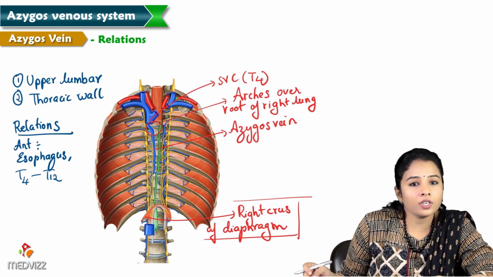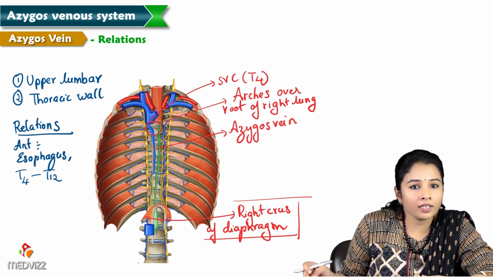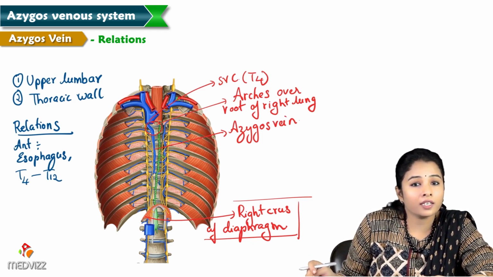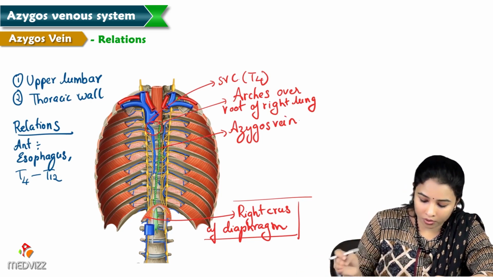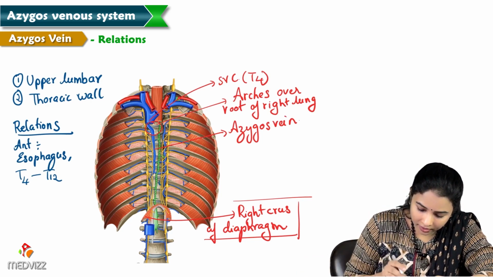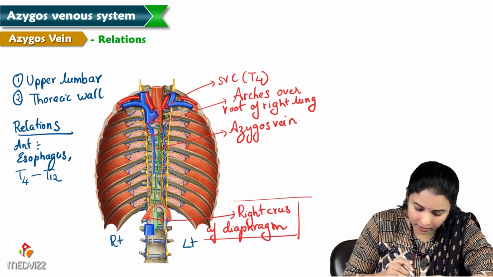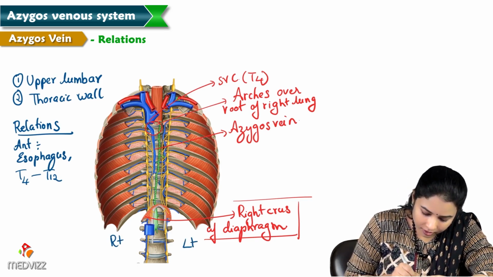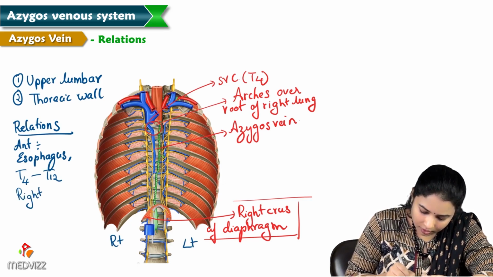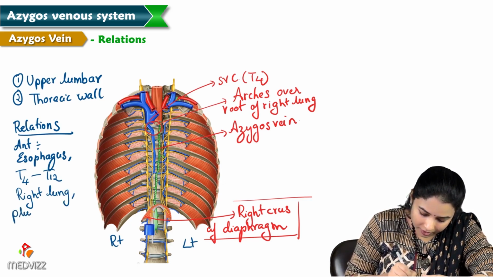And to the right, it is related to the right lung, pleura and greater splanchnic nerves. So this is the right side and this is the left side. It is related to the right lung and the pleura covering it.